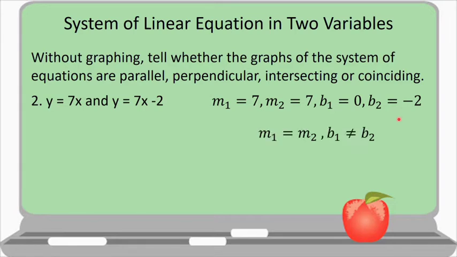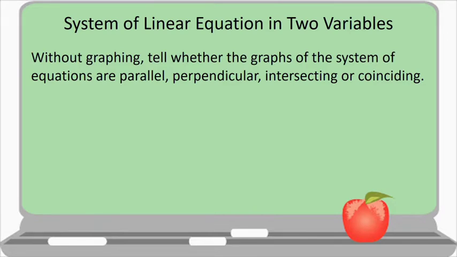Now let us see the relationship. m sub 1 is equal to m sub 2, but b sub 1 is not equal to b sub 2. So if the slopes are equal and the y-intercepts are not equal, the graph will be parallel. Okay? So the graph of the system is parallel.